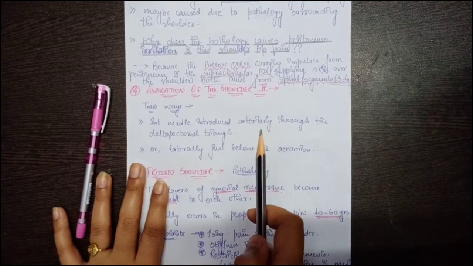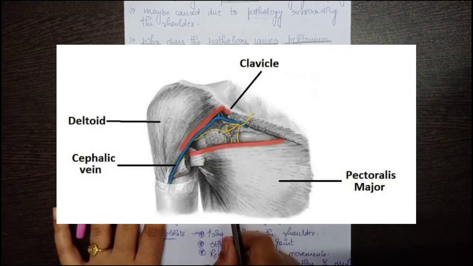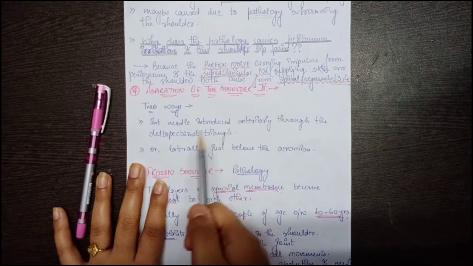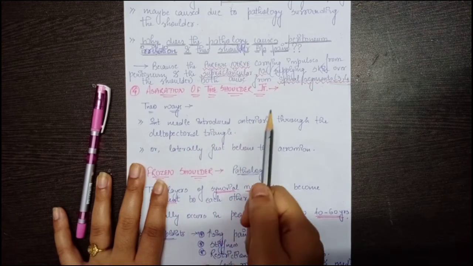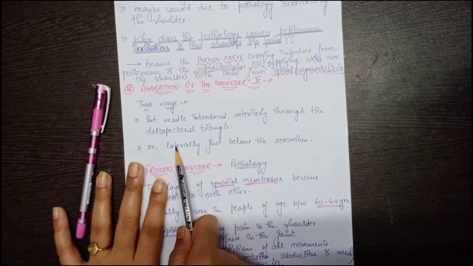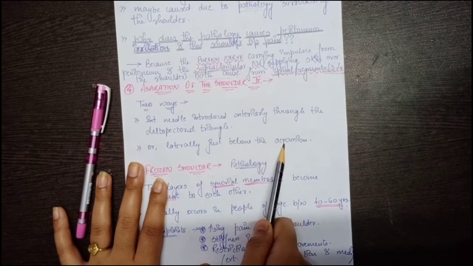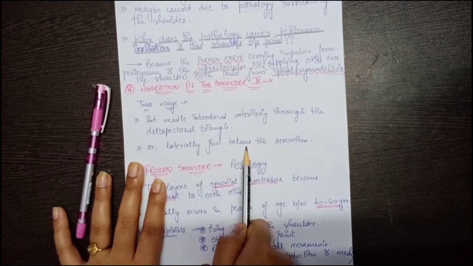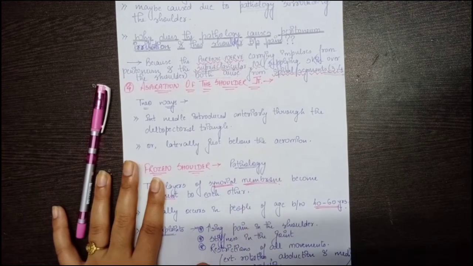As you can see on the screen, this is the deltopectoral triangle. Okay, so in that area, you introduce your needle anteriorly to the deltopectoral triangle and aspirate the shoulder joint. Otherwise, you will just go laterally below the acromion, introduce your needle laterally below the acromion and do the aspiration of the shoulder joint.